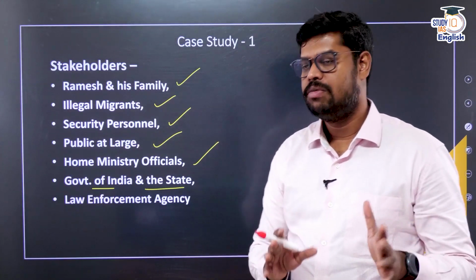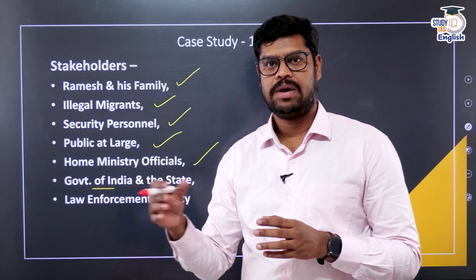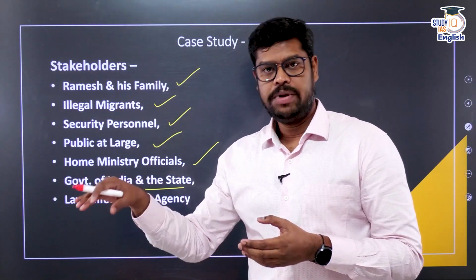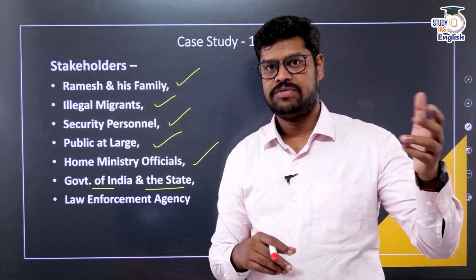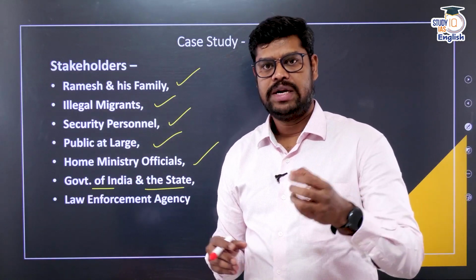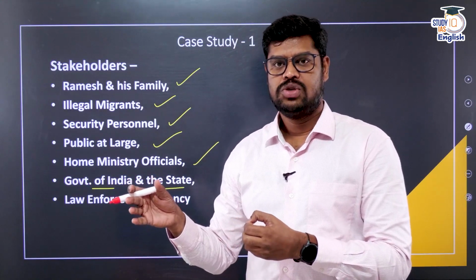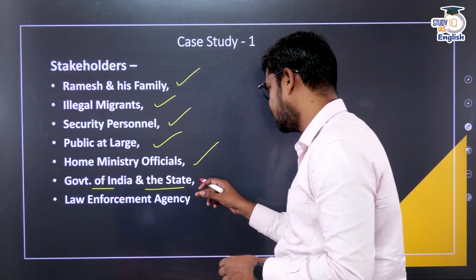So of course, the government of India is a stakeholder, and of course the state also, the respective home department, because with illegal migration there can also be law and order issues in a particular state. Take the example of Assam and some of the other bordering states. You will understand how it may also have led to law and order issues in our history. Law and order is an item in the state list, so it is also going to affect the states.